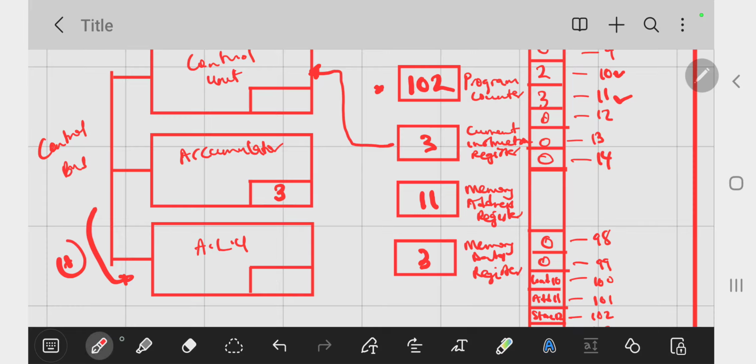So you have the 2 which was initially there plus 3, right? And then in the end, what you have is the result. So the arithmetic logic unit gives you the result. And then immediately that happens, this 5 is not necessarily stored, but it goes back into the accumulator.